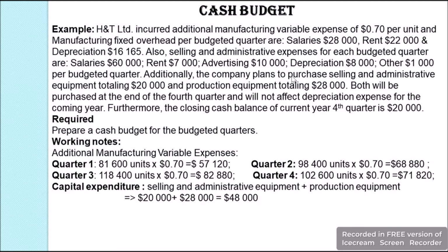Additionally, the company plans to purchase selling and administrative equipment totaling $20,000 and production equipment totaling $28,000. Both will be purchased at the end of the fourth quarter and will not affect depreciation expense for the coming year. Furthermore, the closing cash balance of current year's fourth quarter is $20,000. We are asked to prepare cash budget for the budgeted quarters.